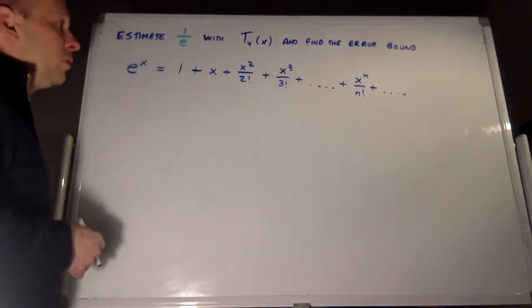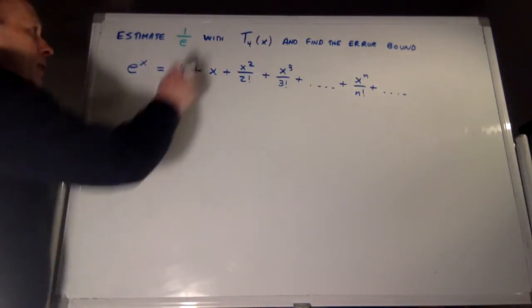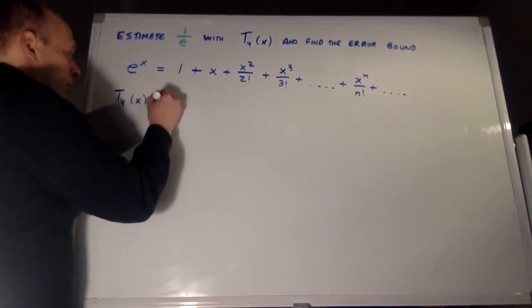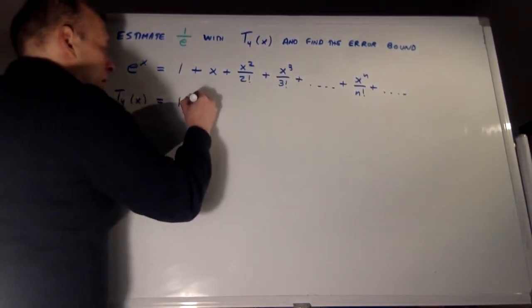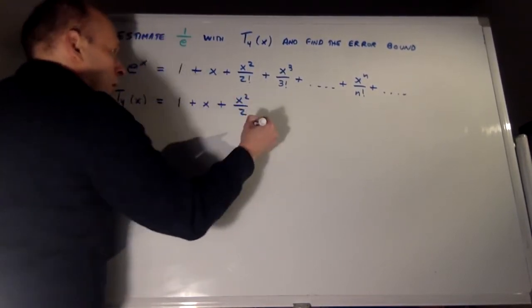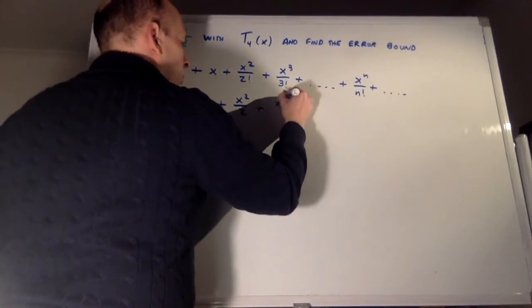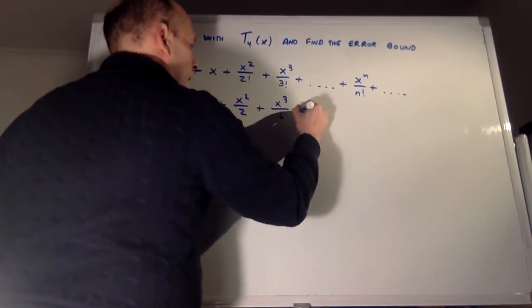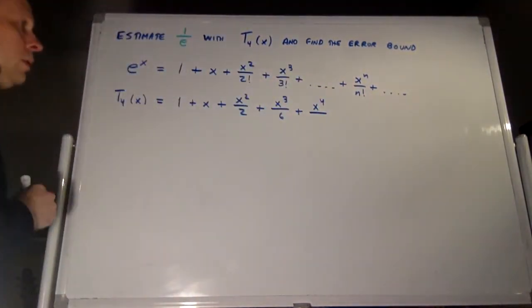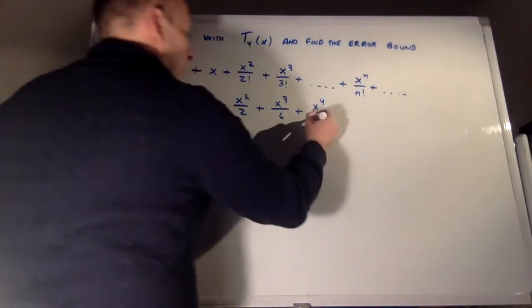And this one actually converged for all x. But let's take a look at the 4th degree Taylor polynomial here. That would be 1 plus x plus x squared over 2 plus x cubed over 3 factorial, which is 6. And we're going to the 4th degree here, so over 4 factorial, that's 24.